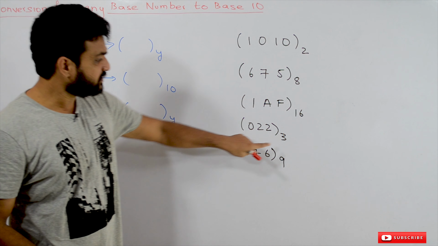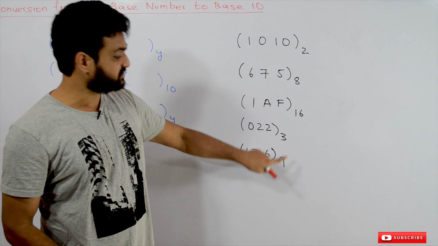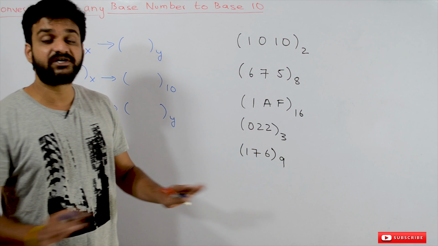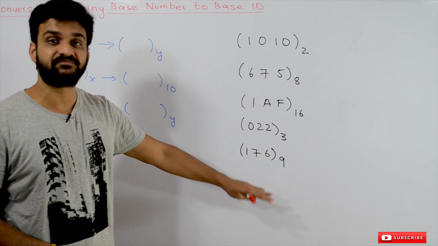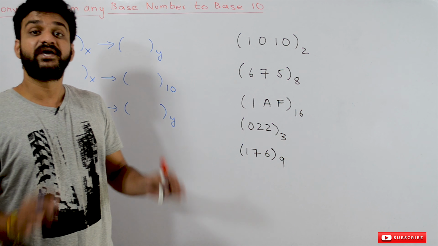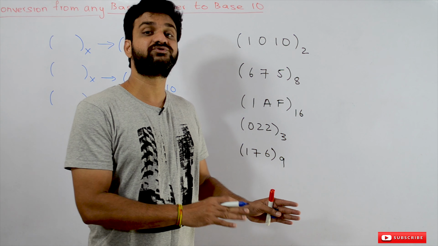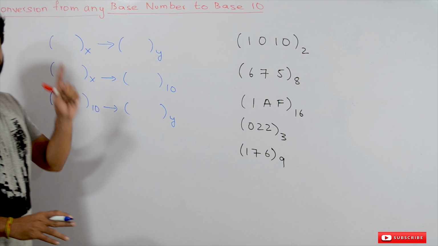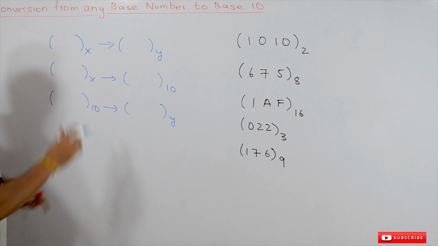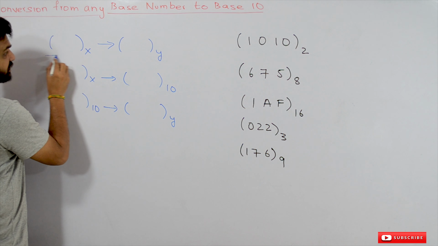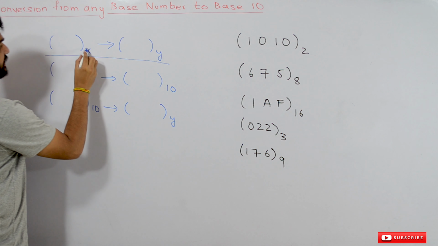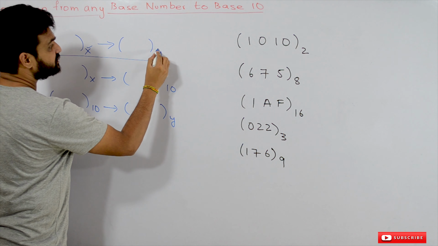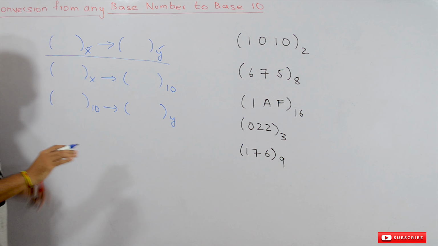It may be a base 3 number system, base 9 system. We haven't covered what is a base 3 number system and what is a base 9 system. Even though we don't know about those number systems, it is possible for us to convert from one number system to another number system. So which means a number in base x can be converted into base y.